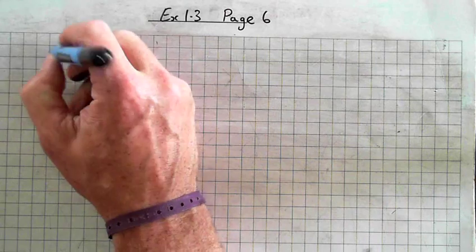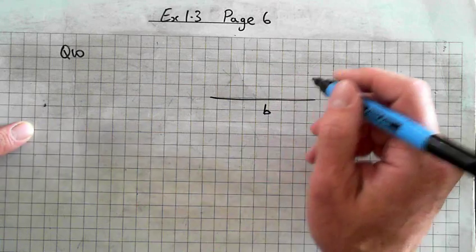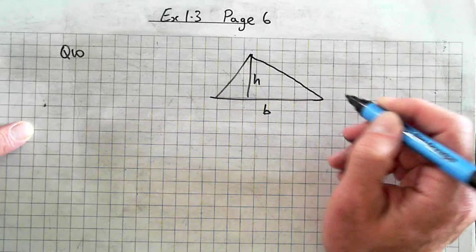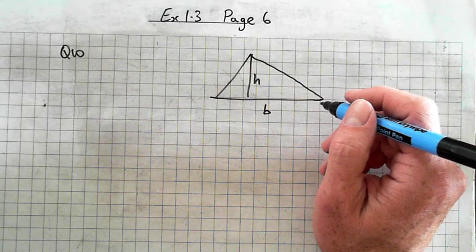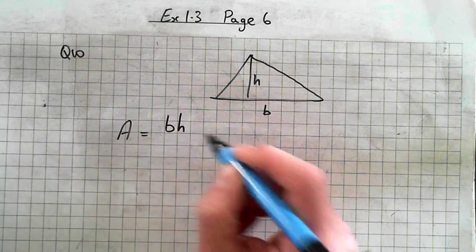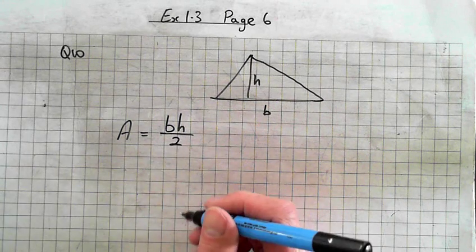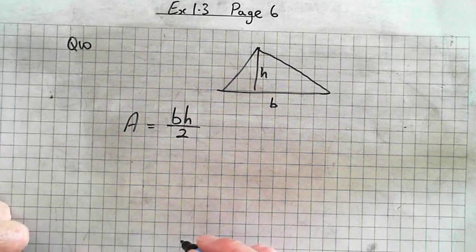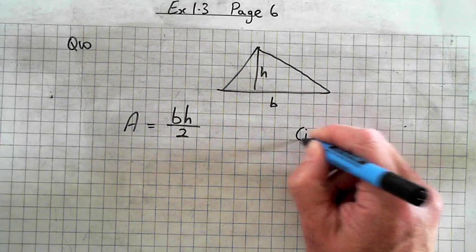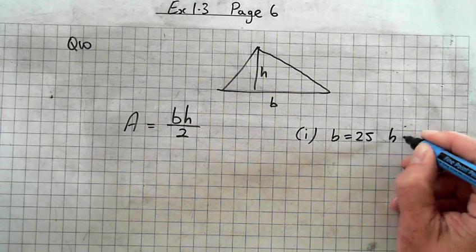Okay, let's have a look. Question 10. So there's a triangle here. The length of that side is b, and then we have a height of h. And then it says the area of the triangle is given by the formula. So area is equal to b times h divided by 2, which is a proper formula for the area of a triangle. Right, so in part 1, they give you b is equal to 25, and h is equal to 10.